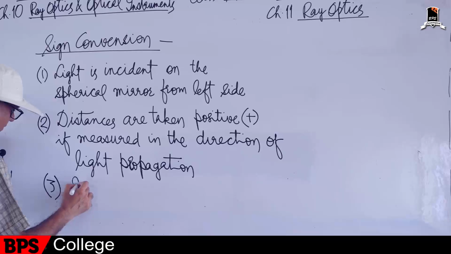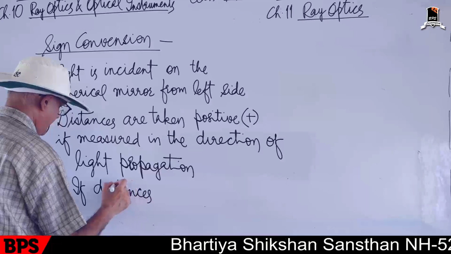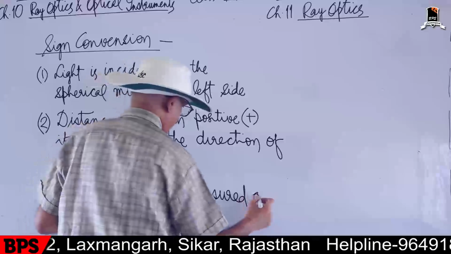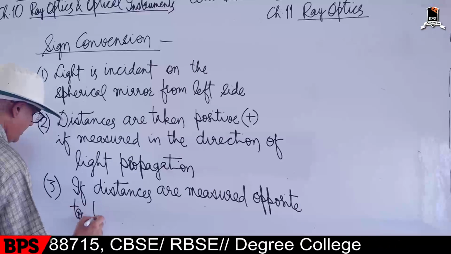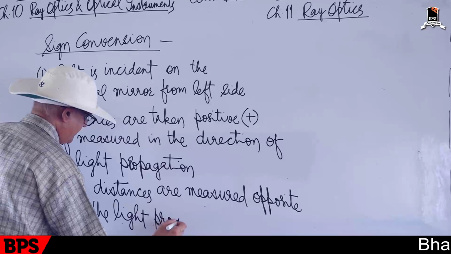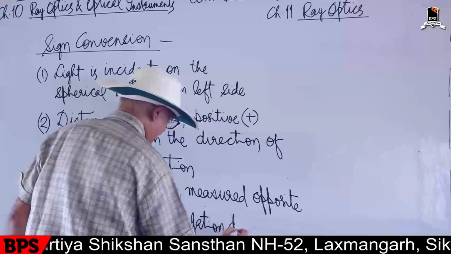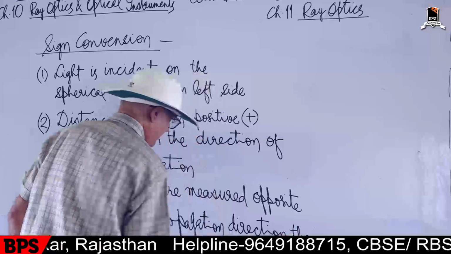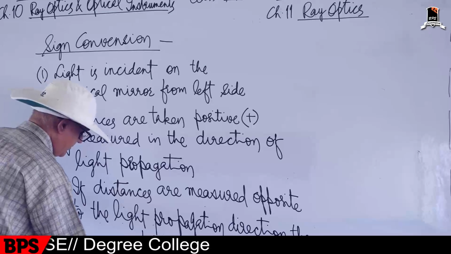So, if distances are measured opposite to the light propagation direction, then they are taken negative.